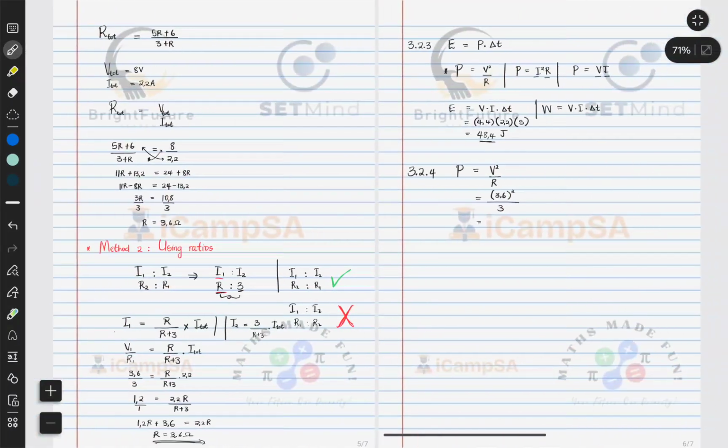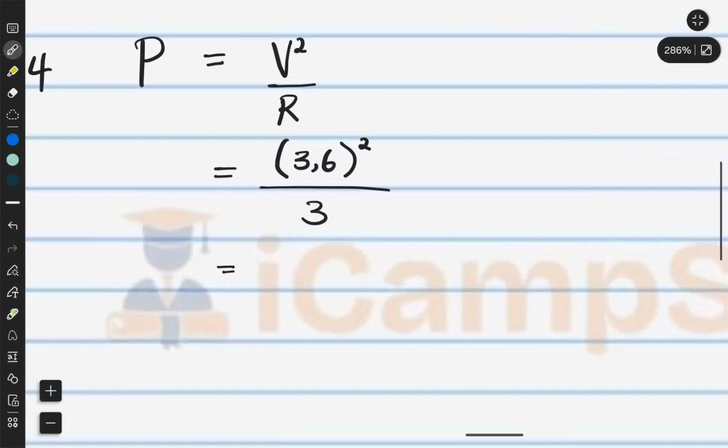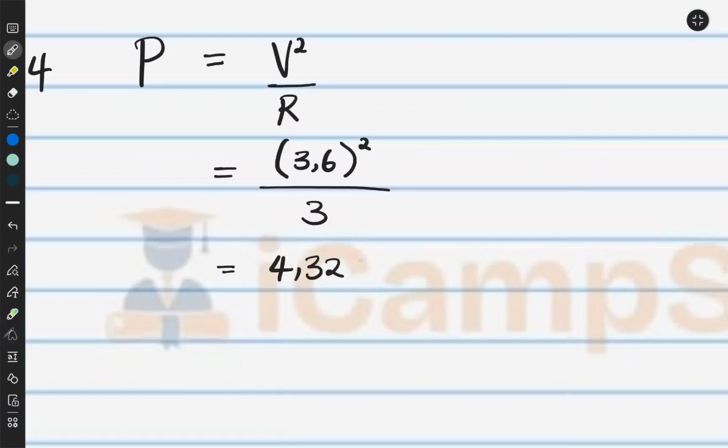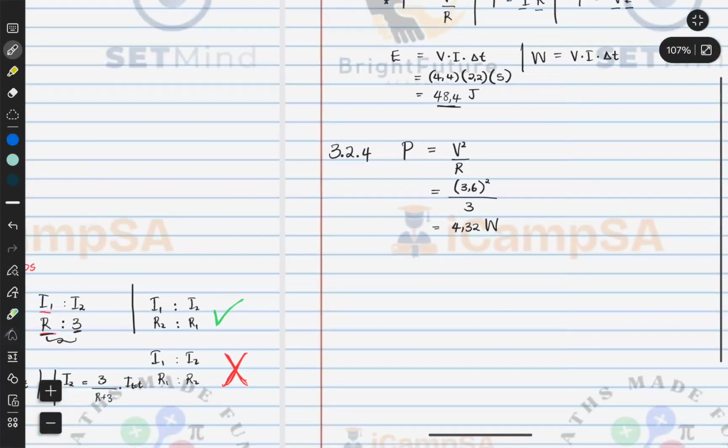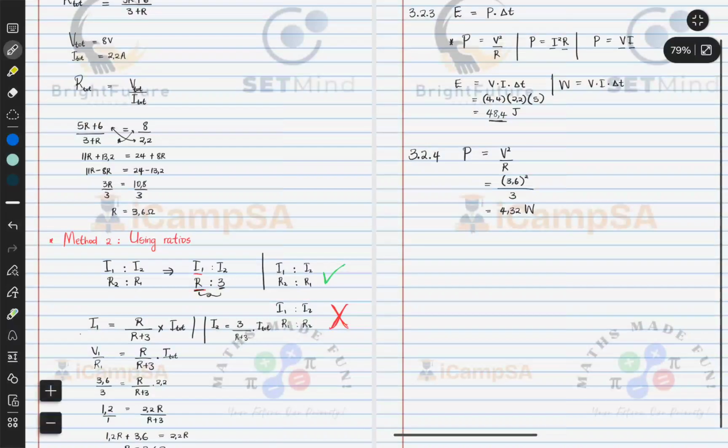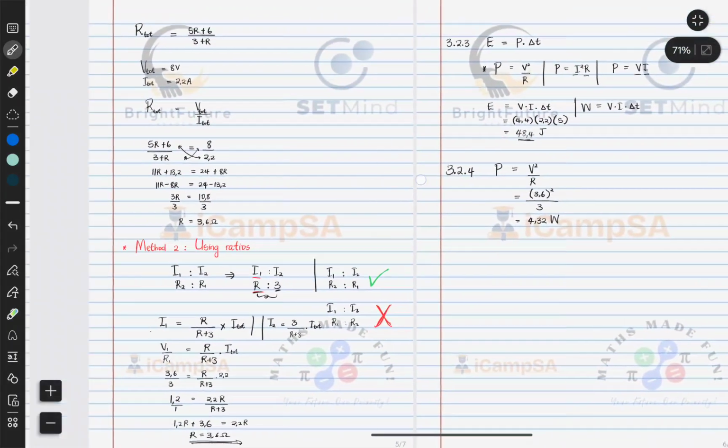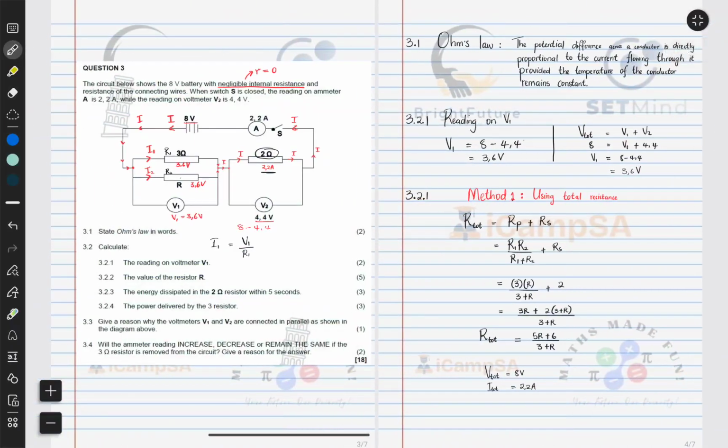So we get 3.6 squared divided by 3. The power there is 4.32 watts. Okay, so that's the power delivered by the 3 ohm resistor. This question was not that tricky. You just need to know how to use your formula.